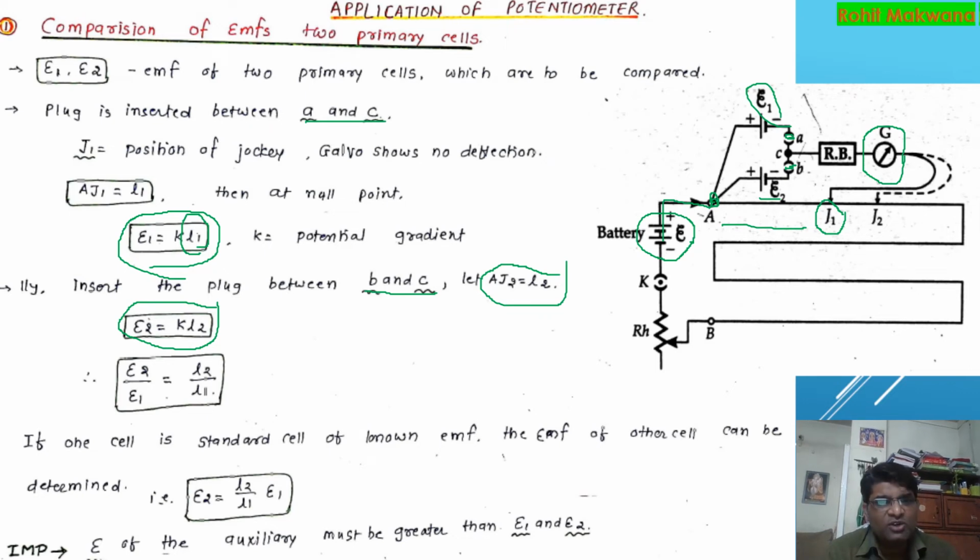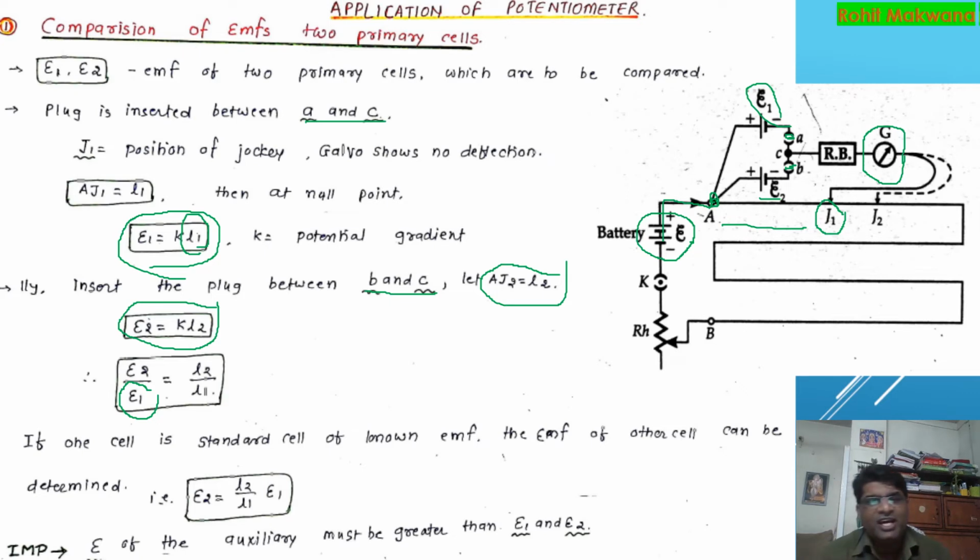Take the ratio, so epsilon 2 divided by epsilon 1, or E2 by E1, that will give you L2 by L1. Now L2 and L1 you already have got as a balancing length here. So those are the known values. The only thing you want to find out here is epsilon 2, because this value is also known. One of them definitely is a standard cell of known EMF, so that is our epsilon 1 here.